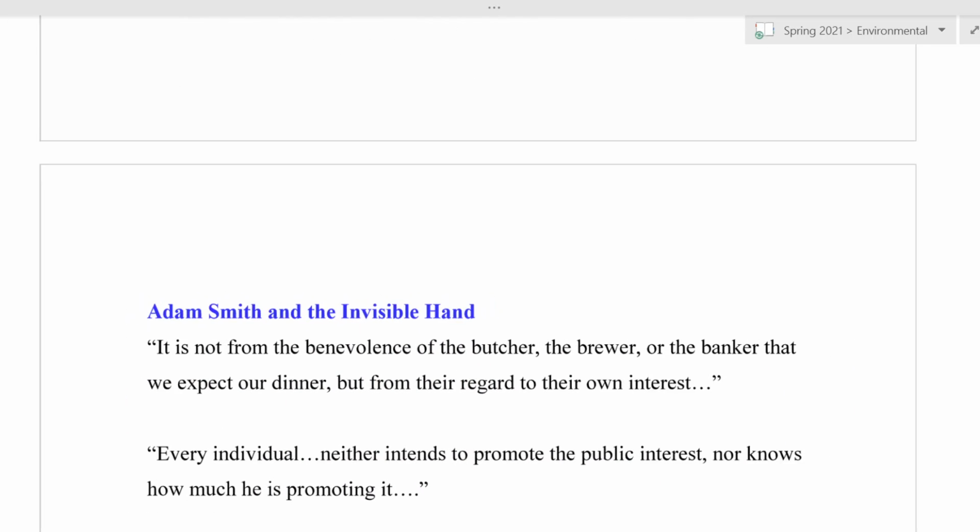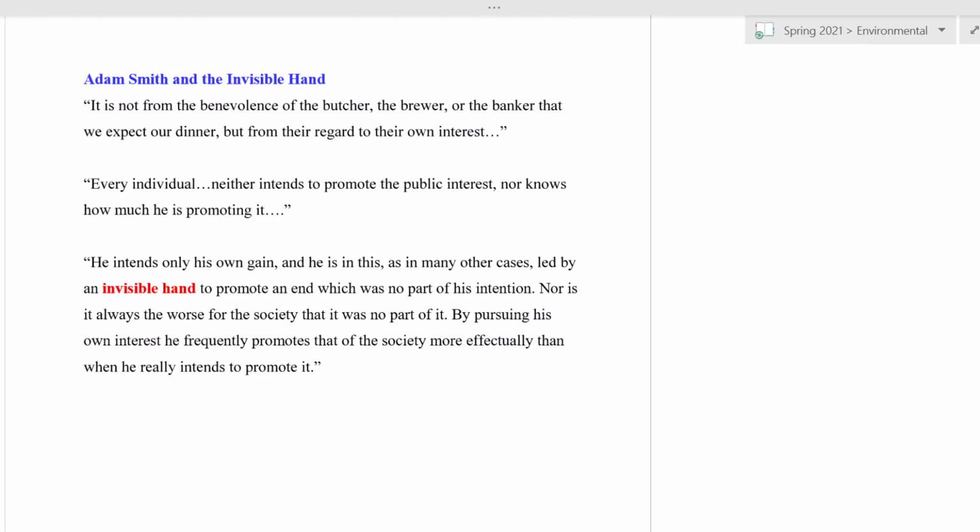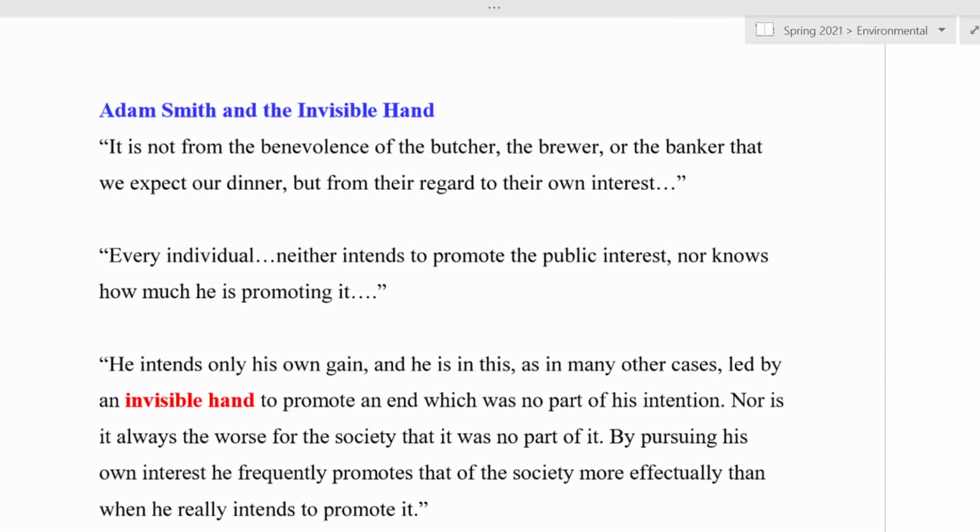And so here, just some quotes from Adam Smith and this idea of the market allocation through no individual actors or entities' actions.